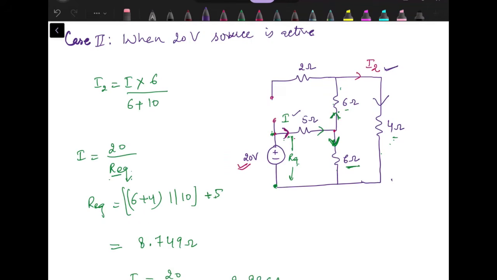So you can apply the method which is suitable to you, but keep in mind that you need to solve the problem with the minimum number of steps and minimum calculations so that we can save time and avoid the chances of mistakes. The chances for mistakes increase when we choose methods which have more equations.